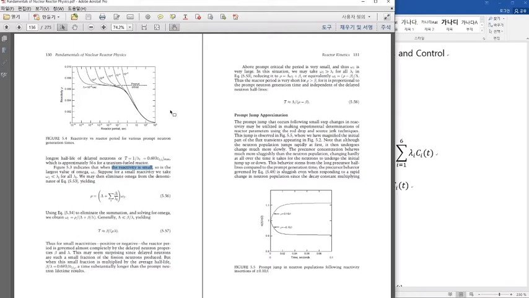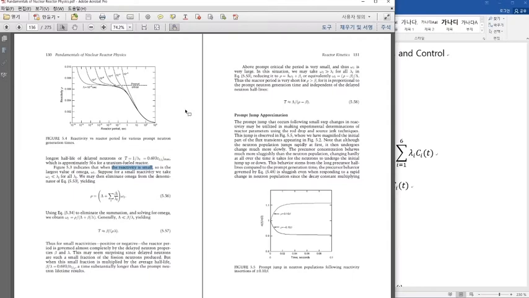So if the reactor period is 10 seconds, and we maintain that reactivity for 10 seconds, then the reactor power will increase exponentially, e to the 10 seconds over reactor period.